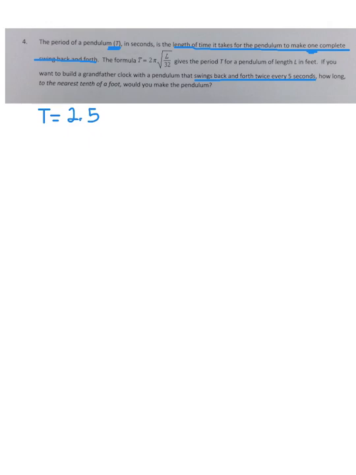So now I'm going to look at the equation that they gave me, which is t equals 2 pi times the square root of L divided by 32, and I know that t is 2.5. Now I skipped the second sentence, so let's go back to that.